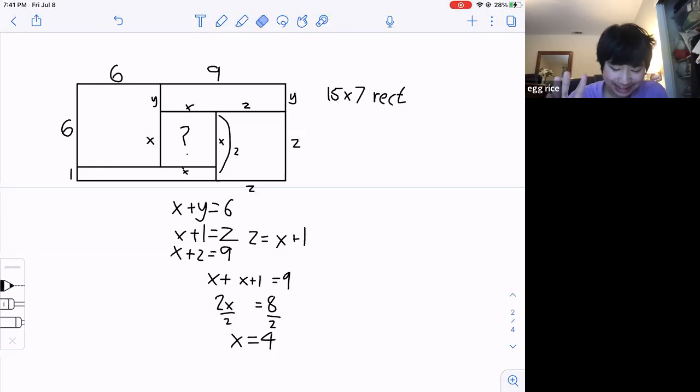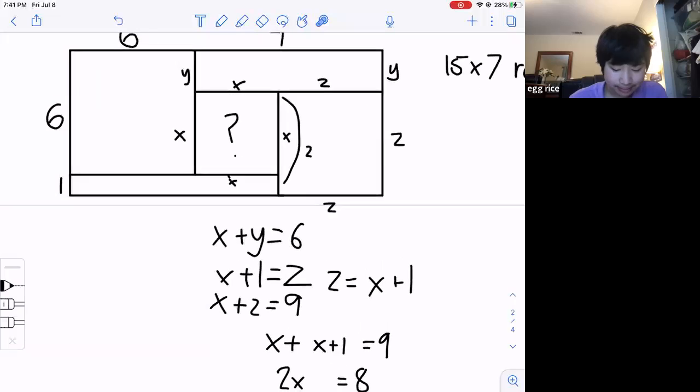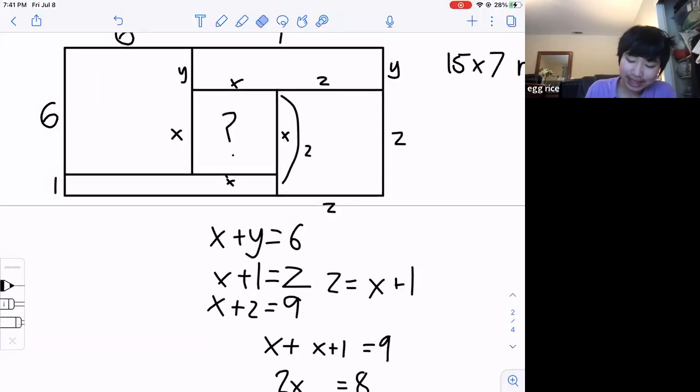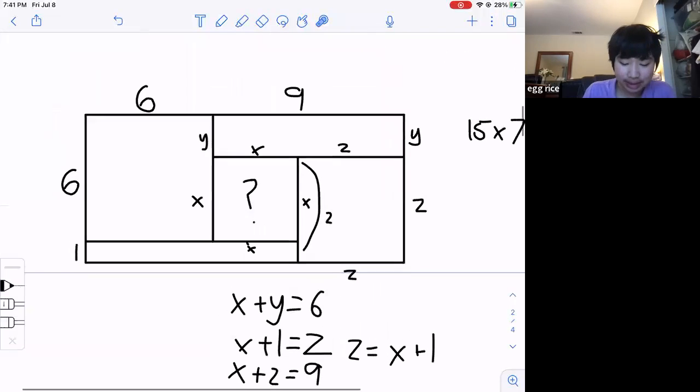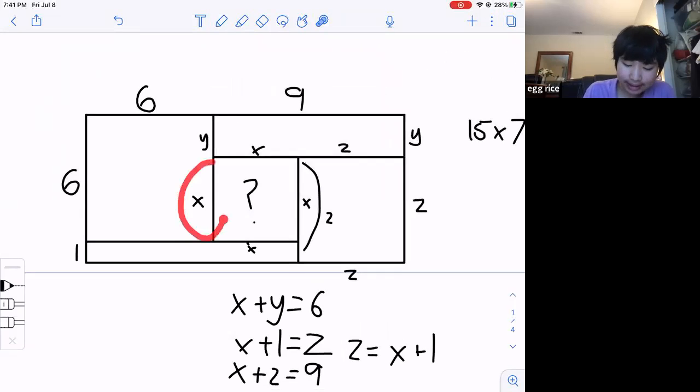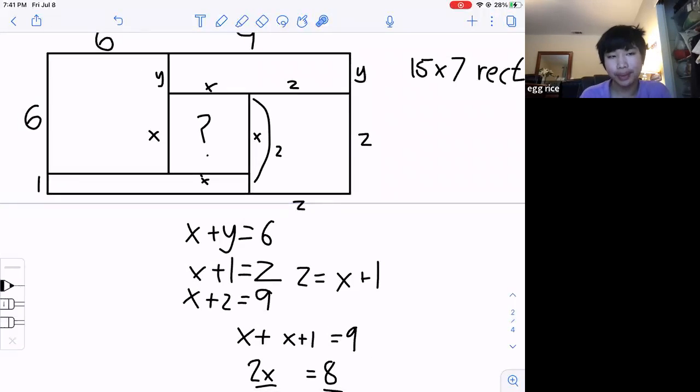I actually realized that it wasn't entirely necessary. You don't necessarily need that, but it's information that is useful in this case. So x plus y equals 6, right? Do you understand why that's true, or are you asking about why we need this?